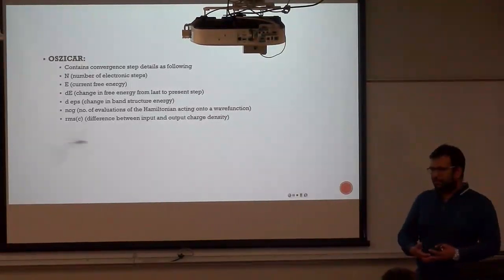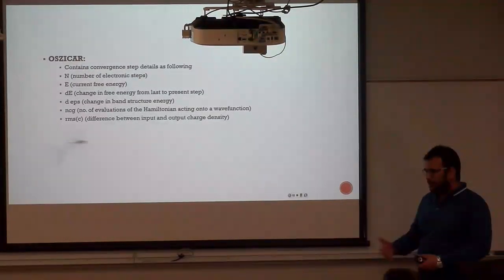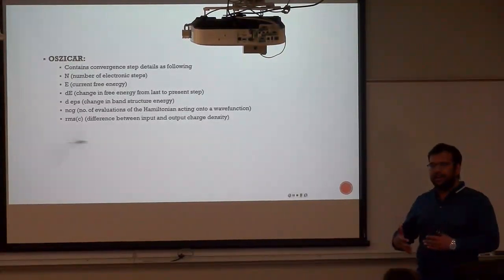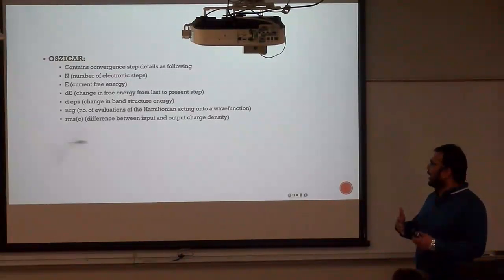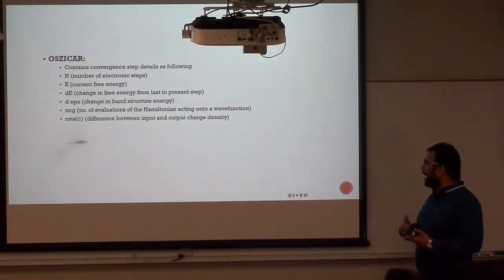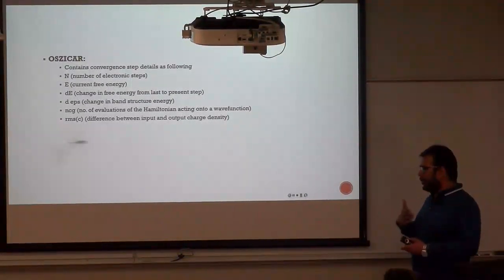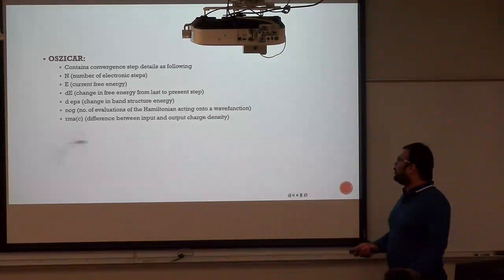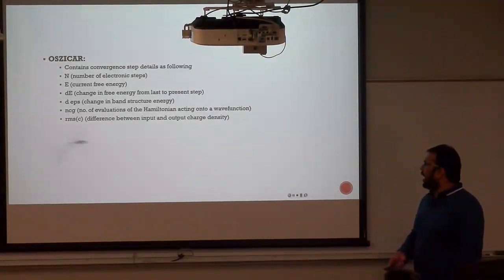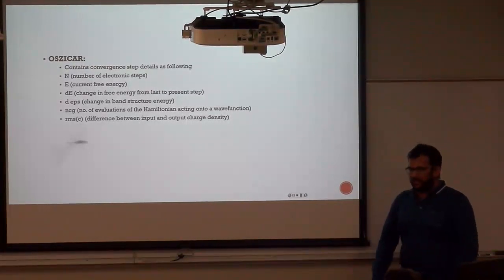When you open the OSZICAR file, you will see the following information. After every iteration, it will show you the number of electronic steps that have been completed so far, the current free energy and the change of the free energy from the previous step, and also the change in band structure energy, the number of evaluations of the Hamiltonian acting onto the wave function, and also the RMS, that means the difference between the input and output charge density.